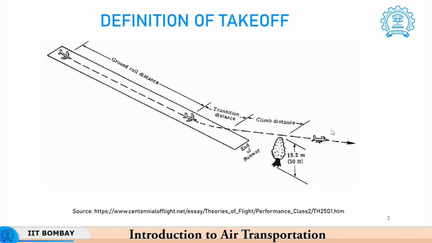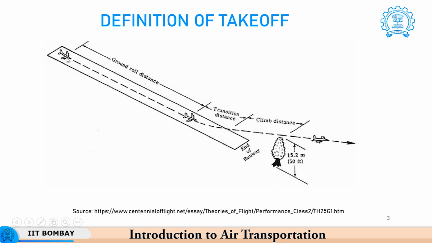Now, before we undertake the declaration of distances, we should have a quick look at what exactly is the meaning or the definition of takeoff and landing, etc. So, takeoff in aviation is defined as ground roll plus transition distance plus climb distance, climb to an obstacle height.